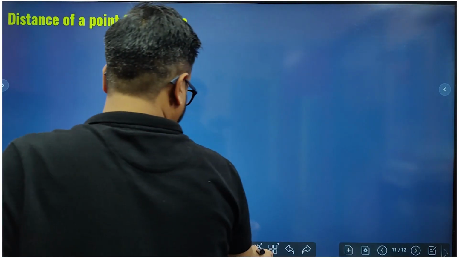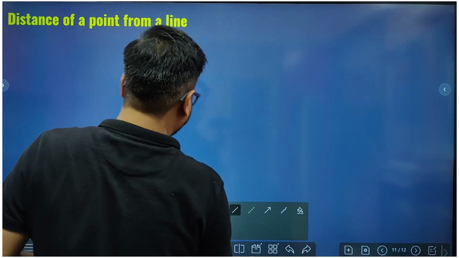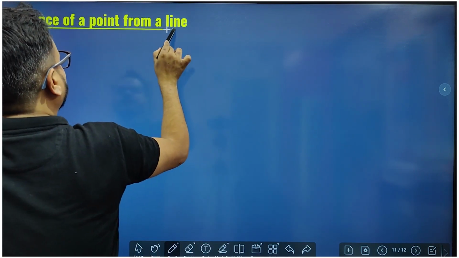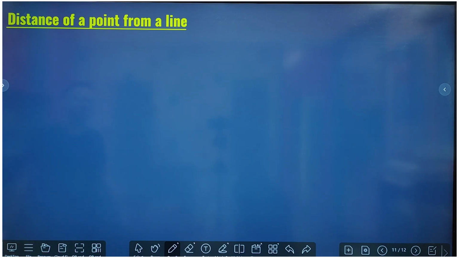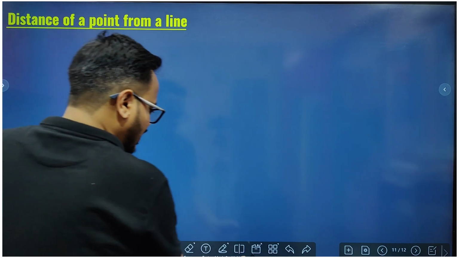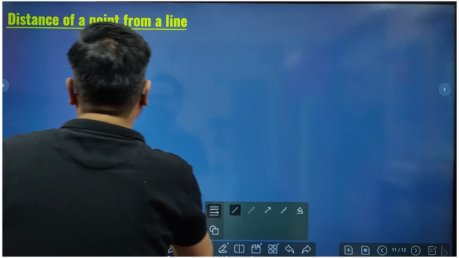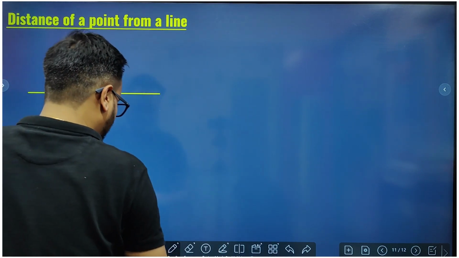Next formula is the last formula of this chapter. There were many other concepts also, but those concepts are not in the syllabus anymore. So this is the last formula, in which we will find the perpendicular distance of a line from a point.